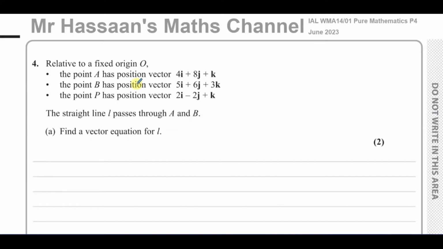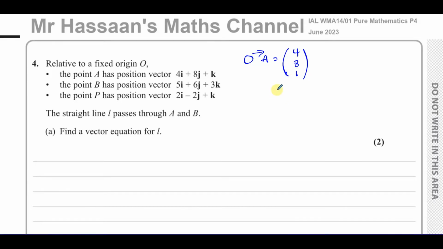First of all, the position vector means from O to that point. So the position vector of A means the vector from O to A. They gave us the vector from O to A, which I'm going to write in column vector form: 4, 8, 1. I like to write them in column vector form for my steps.